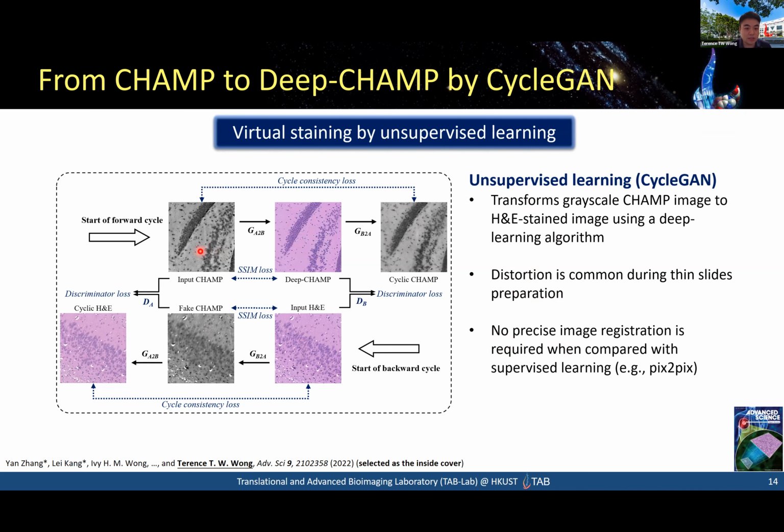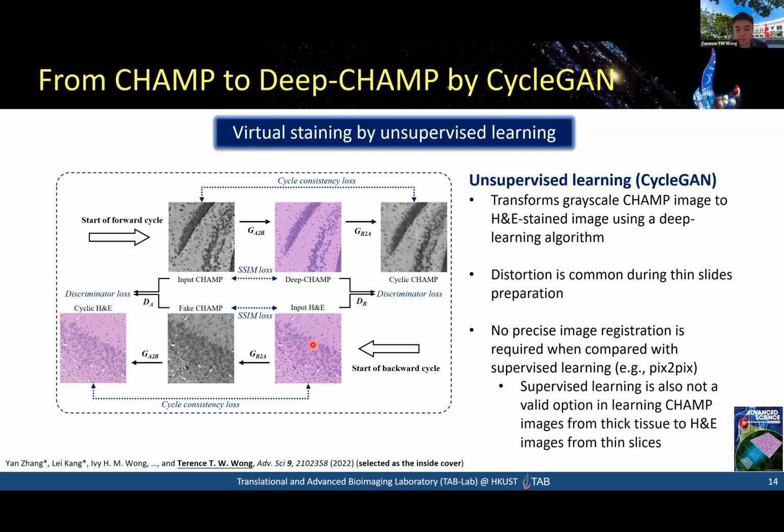You can see these two sets of images are actually very different. The CHAM image here and the real input H&E look very distinctive in terms of structures. They are not even in a nearby region. So that's very important. Unlike supervised learning, you have to have them exactly paired, pixel by pixel. So as I mentioned, supervised learning is really not an ideal tool, or not even an option, for thick tissue to thin tissue staining algorithms.